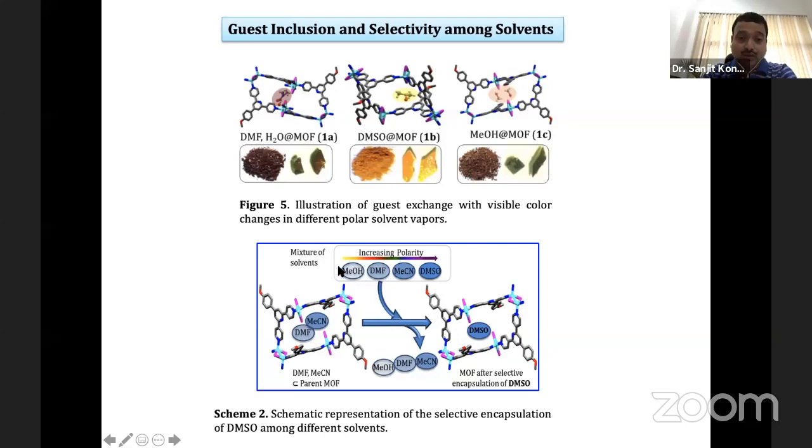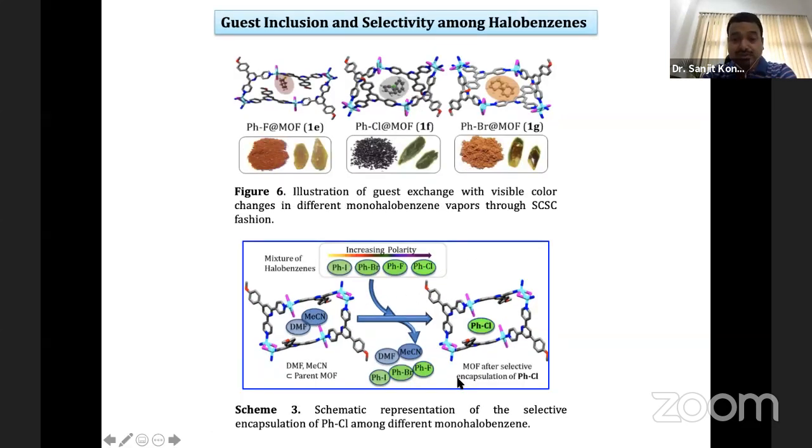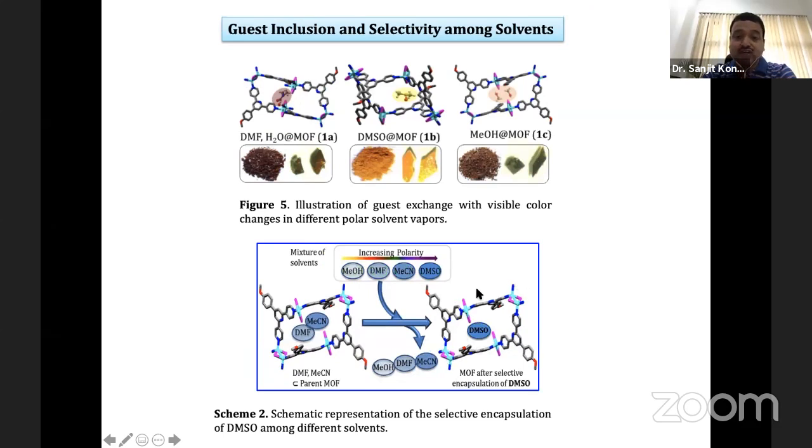Means if you give me all these four solvents together, as DMSO has the highest polarity, DMSO will be inside the pore, and all the others will be left outside. So it is not only detecting, it is also capturing in a preferred manner. It is selectively separating and capturing the chemicals based on their polarity.